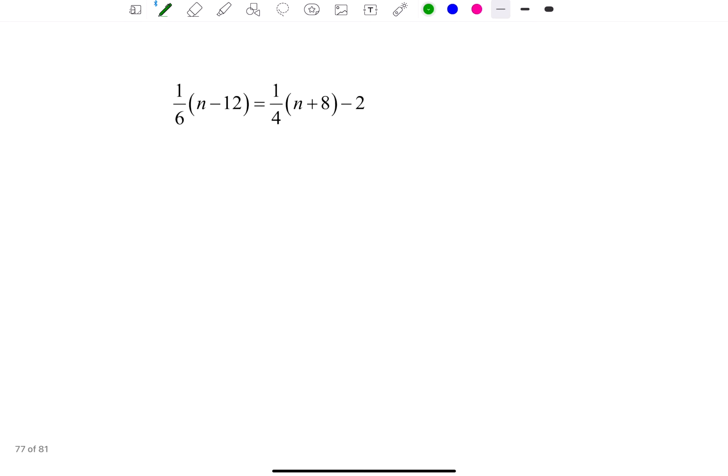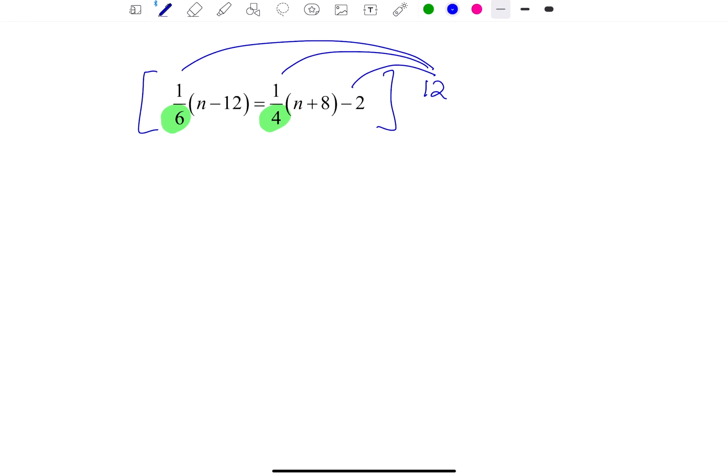Let's see another example. This one has fractions involved, so I'm going to figure out the LCD for denominators 6 and 4 and multiply the entire equation on both sides by that LCD. The LCD for 6 and 4 is 12. Now 12 is going to multiply with every single individual term in that equation. 1/6 times 12 will be 2 times (n minus 12) on the left hand side. 1/4 times 12 is 3 times (n plus 8) minus 2.